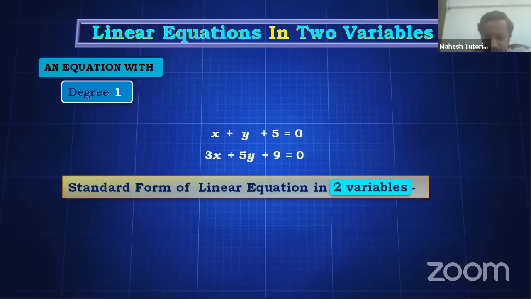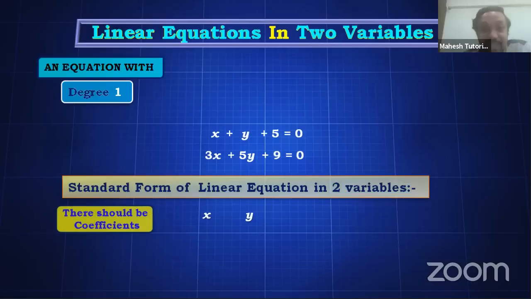तो कोई भी दो alphabet डाल सकते हैं ना. तो चलो for the time being मैं एक काम करता हूँ. I'll assume the alphabets as say X and Y. Now students, if we have alphabets, that is variables, we should also have the coefficients. Coefficient means the numbers which are associated with that alphabet. जैसे students, ऊपर देखो जो first equation दिख रहा है x plus y plus 5 is equal to 0.